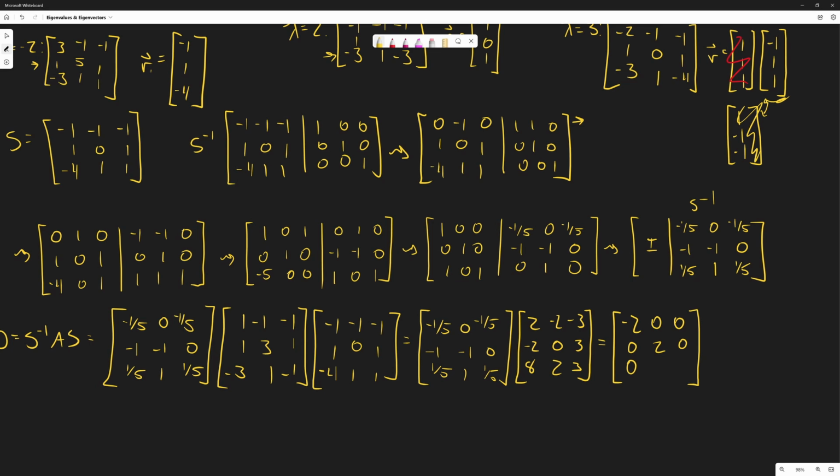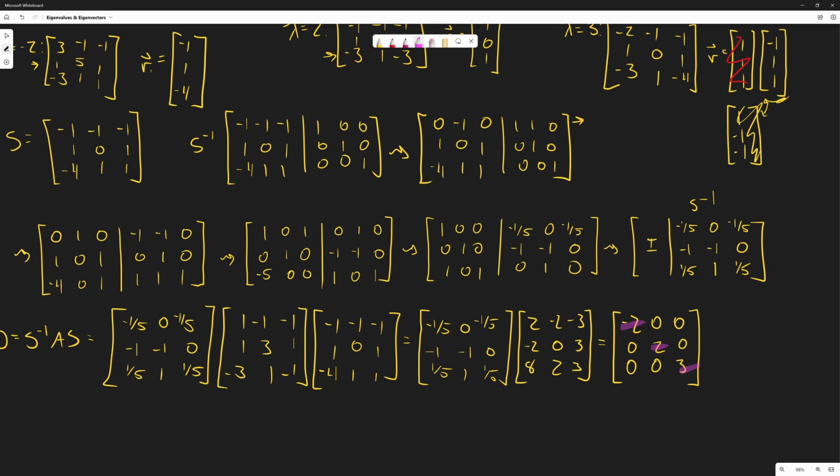Then we have negative 1/5, 0 plus 1/5, that is 0. Then we have negative 3/5 plus 3 plus 3/5. Those 3/5 cancel out and we're left with 3, and there you go. This is our diagonal matrix, and you can see that the eigenvalues are present.